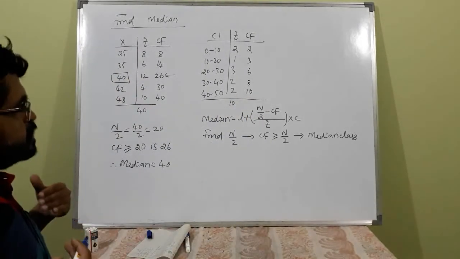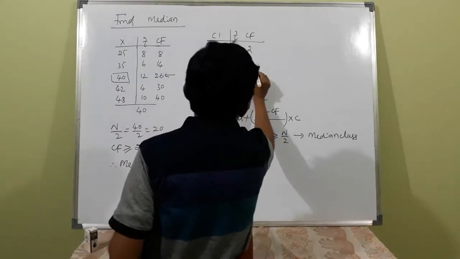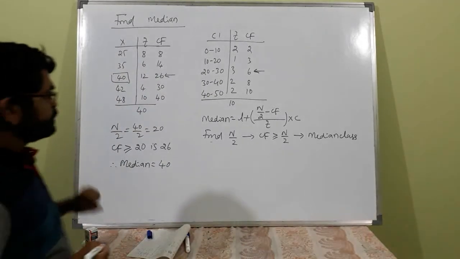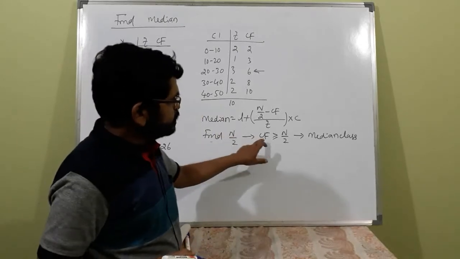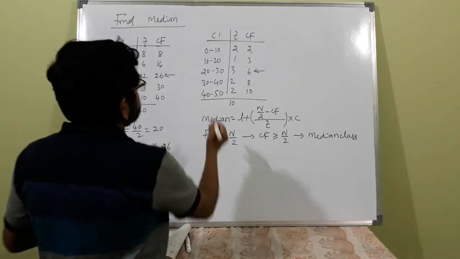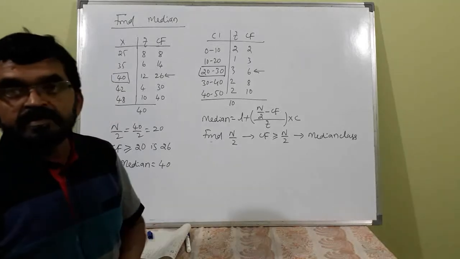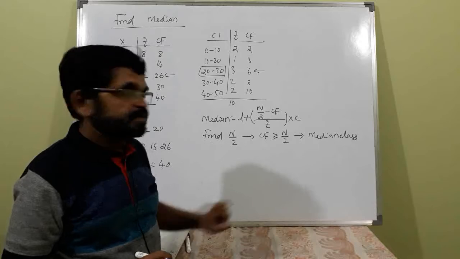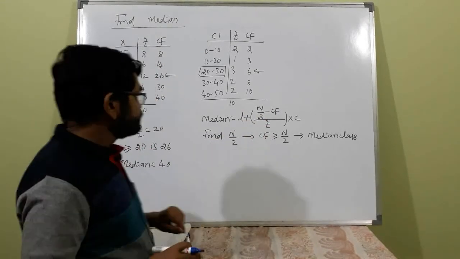The cumulative frequency greater than or equal to n by 2 is this one, 6. Once you find n by 2 and the cumulative frequency greater than or equal to n by 2, that leads to the median class. Corresponding to this is the median class. Once you get the median class, only then can you apply the formula. Otherwise these notations will not be meaningful.